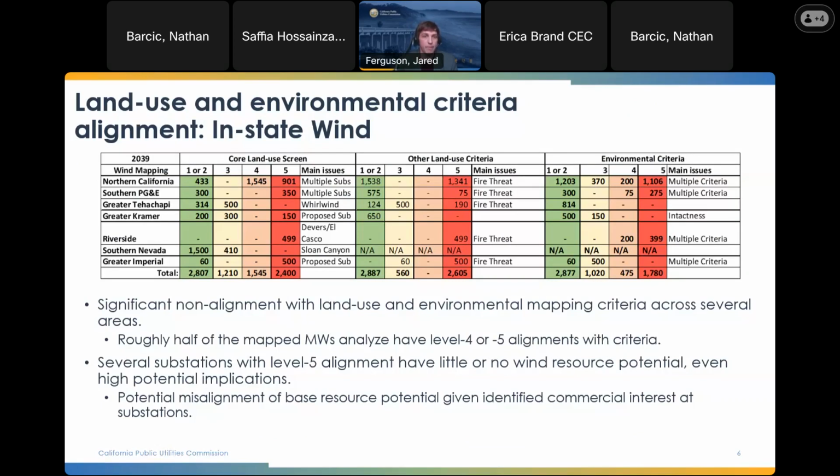Our base map has no wind resource potential in those areas. So there is this potential misalignment of the base resource potential, given that we do have identified commercial interest through the interconnection queue at that area. Next slide.